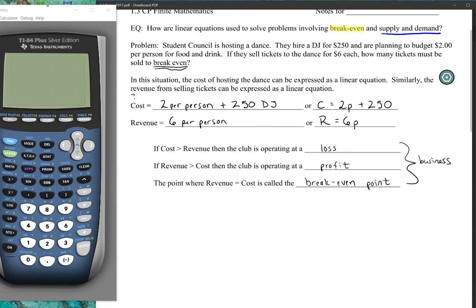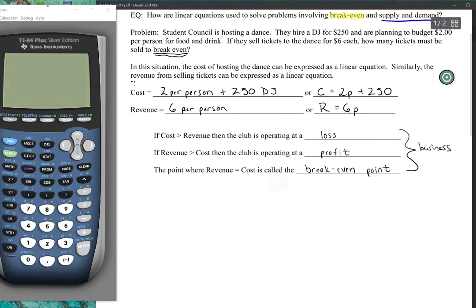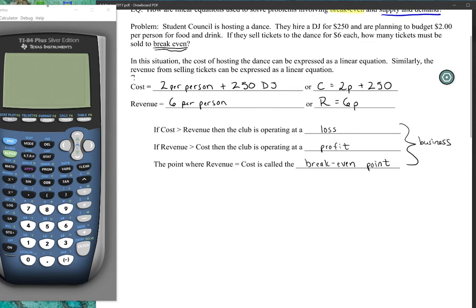Now, let's find where the break-even point is. Specifically, that's just where revenue equals cost. Another thing to know is that profit is equal to the revenue minus the cost.